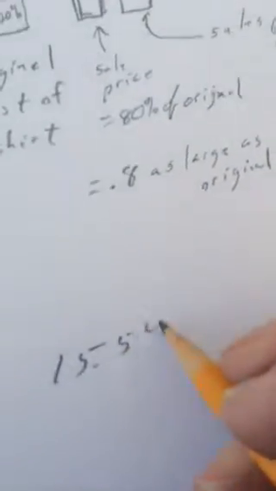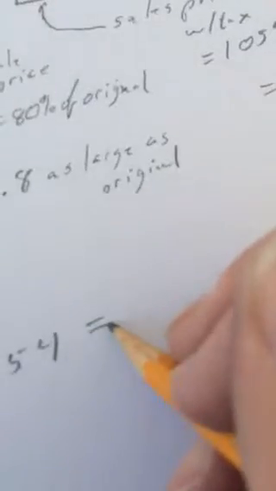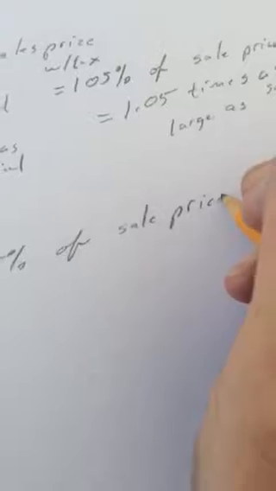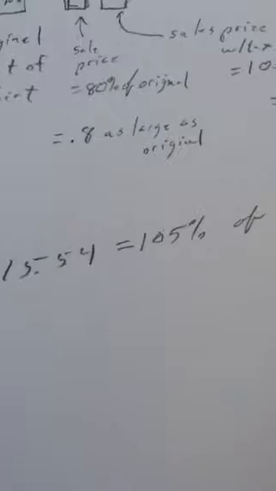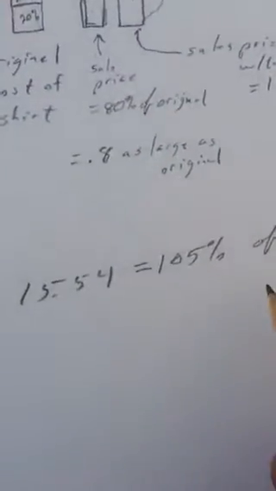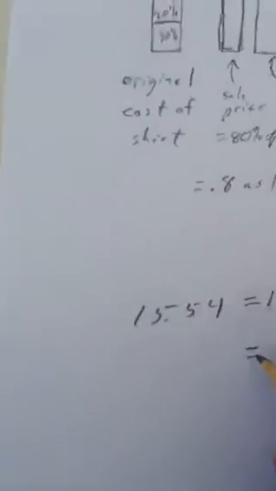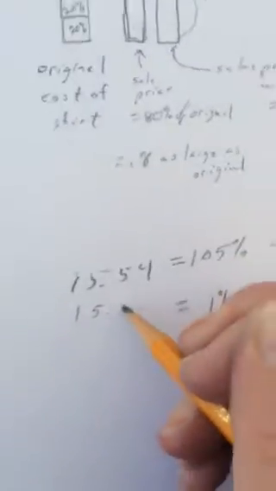So now I'm going to come down here. $15.54 is equal to 105% of the sale price. So we can kind of do like finding unit rates. So if 15.54 is 105%, what would 1% be? 1% would be 15.54 divided by 105.